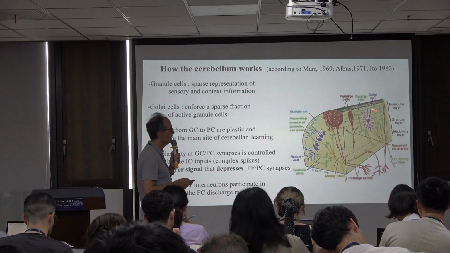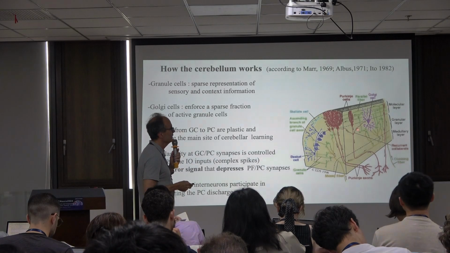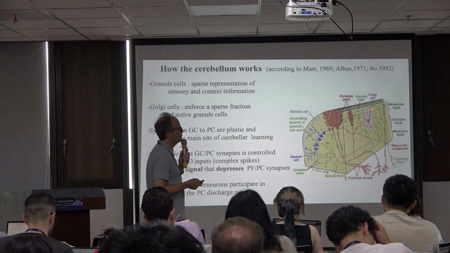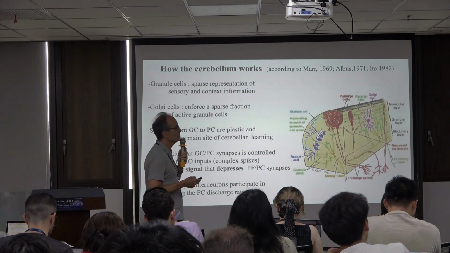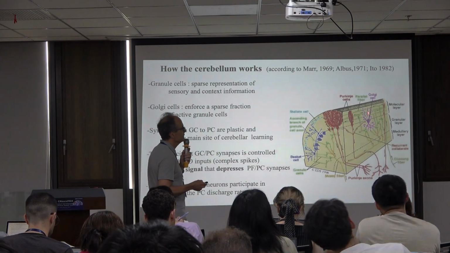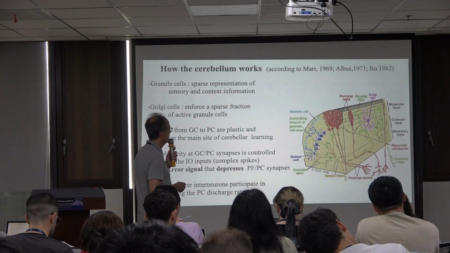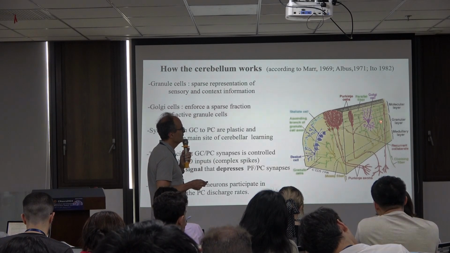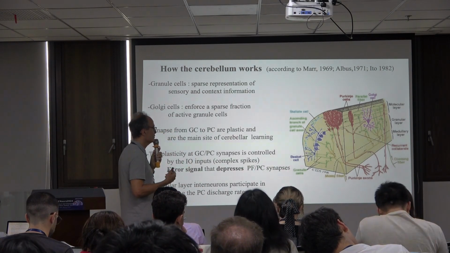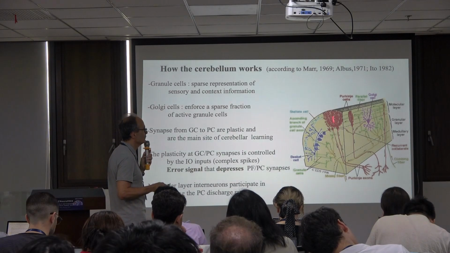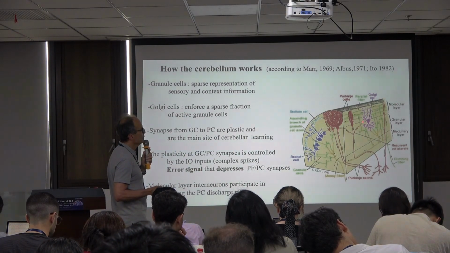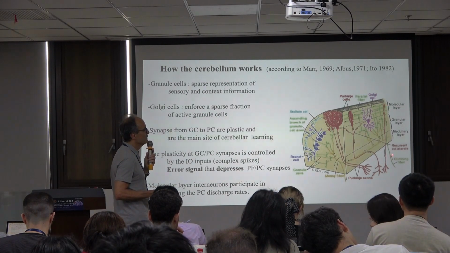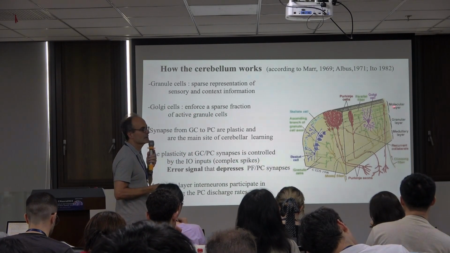This made a lot of sense, but it requires that these inputs are potentiated. In reality, they are depressed when the climbing fiber emits a spike. So Albus anticipated that, for other reasons of stability, and proposed that the climbing fiber is actually sending an error signal.